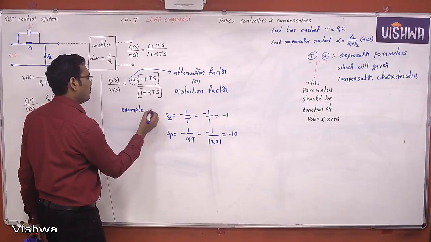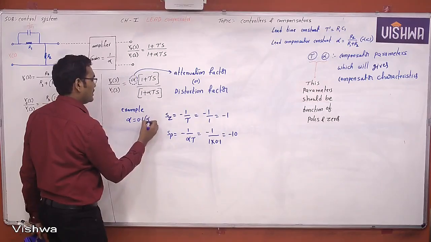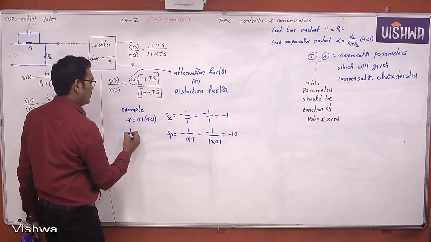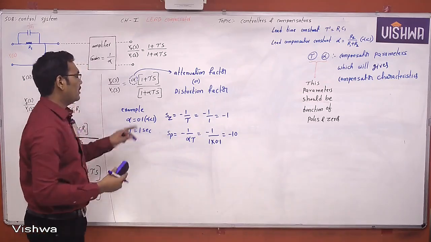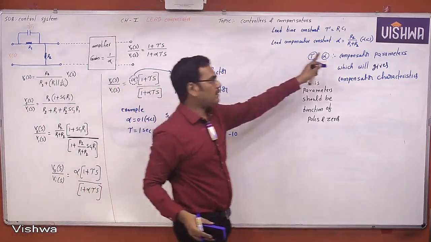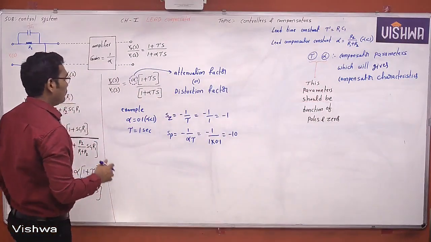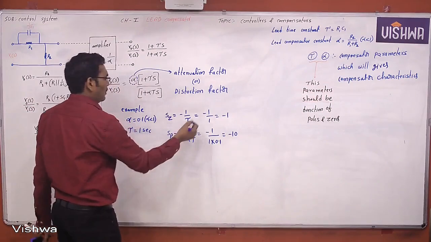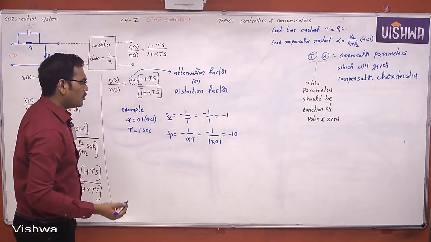In this example, alpha I just take 0.1, which is less than 1, and time constant tau equal to 1 second, because this is a lead compensator, so alpha is less than 1. So the zero is minus 1 by 1, which is minus 1, and the pole is minus 1 by 0.1, which is minus 10. So you can easily identify that.